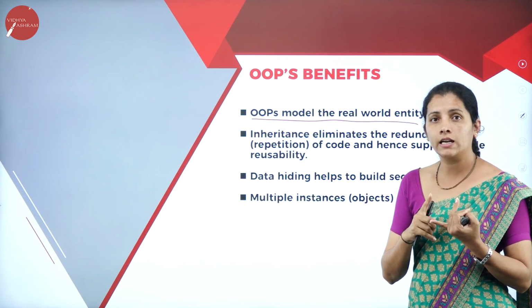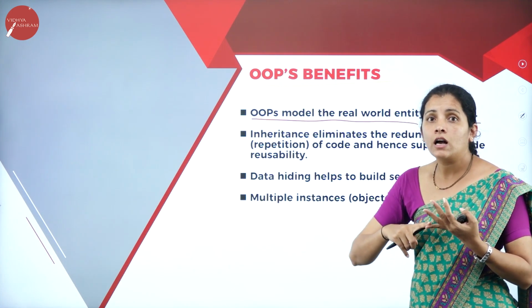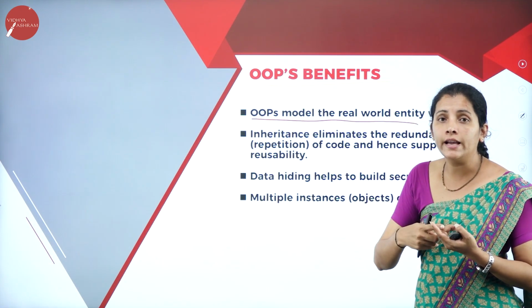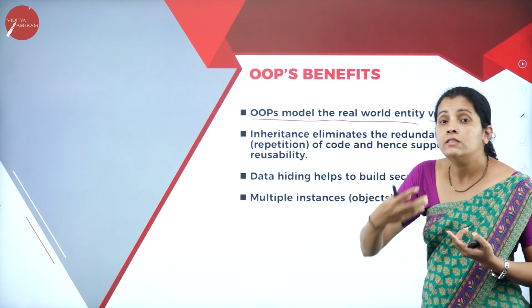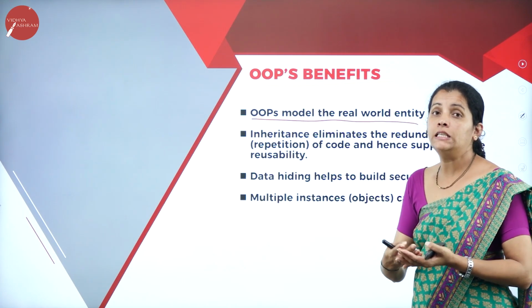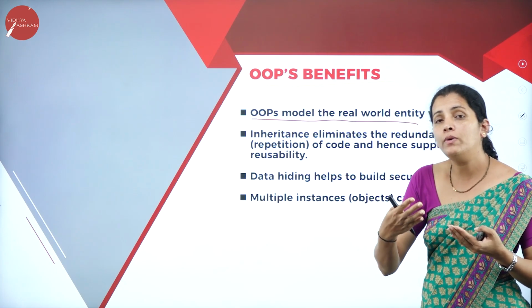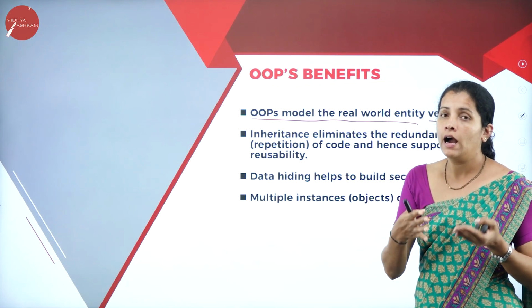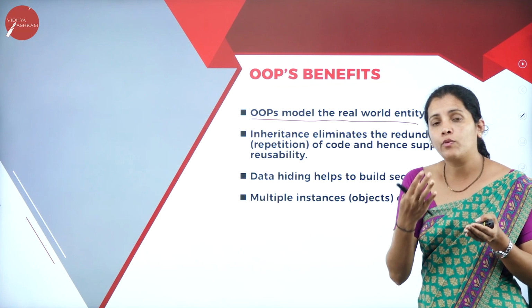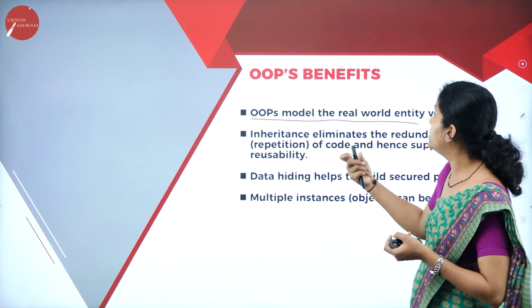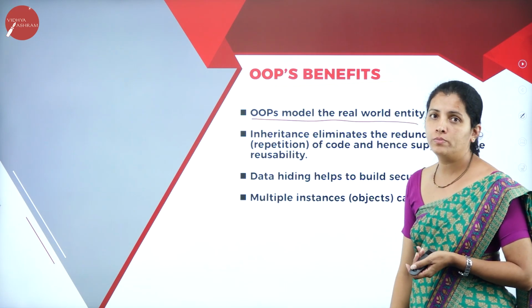That is car color, then car model, then car age, then number of seats, that is seating capacity, chassis, engine.